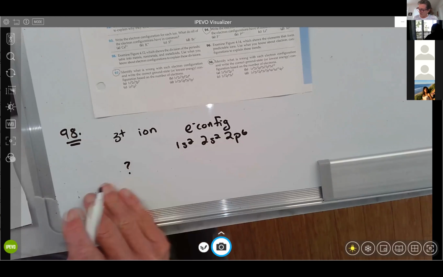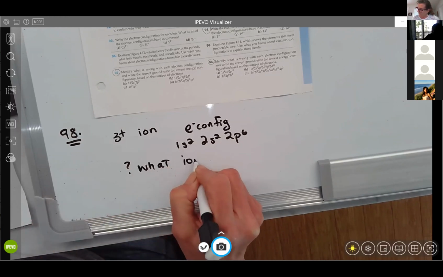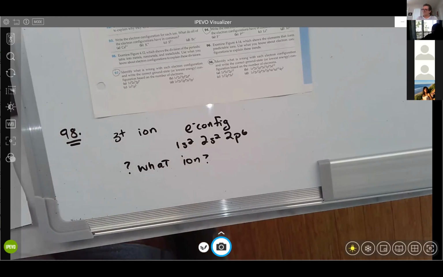What ion is this? Nitrogen? Well, it's 3+. Nitrogen tends to be 3-. Oh, okay, right. Yeah, so that would actually be correct for 3-.